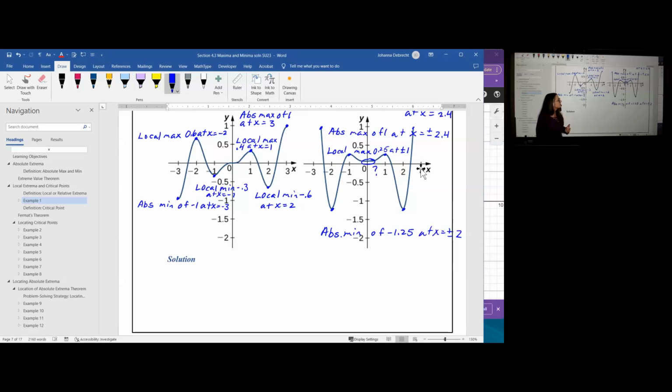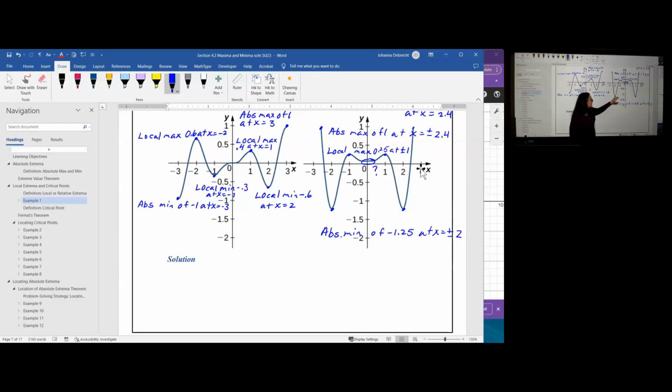When we look at the last one on the right, we have an absolute maximum value of 1, but it occurs twice, here at about negative 2.4, and again here at about positive 2.4. We have only one absolute maximum value, 1, but it occurs in 2 places.